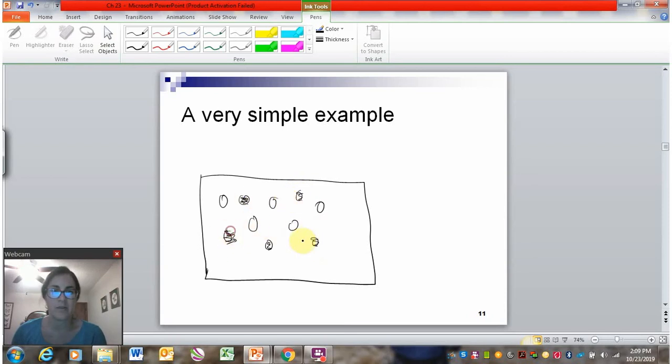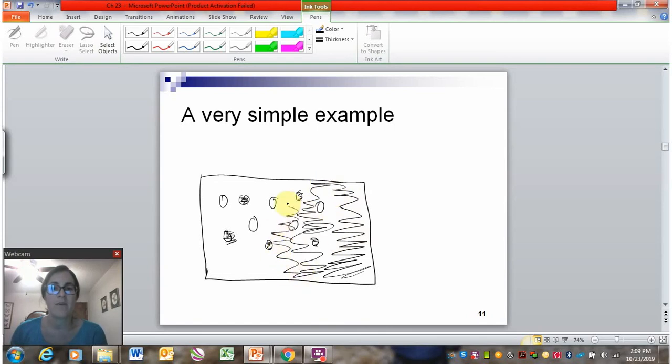Oops, get that one colored in a little bit more. 1, 2, 3, 4, 5. 1, 2, 3. So again, this is 50-50 of white and dark dots for our starting population. But imagine that instead of a white environment, we had a dark environment. So I'm going to color in this environment. The environment is dark, not white.